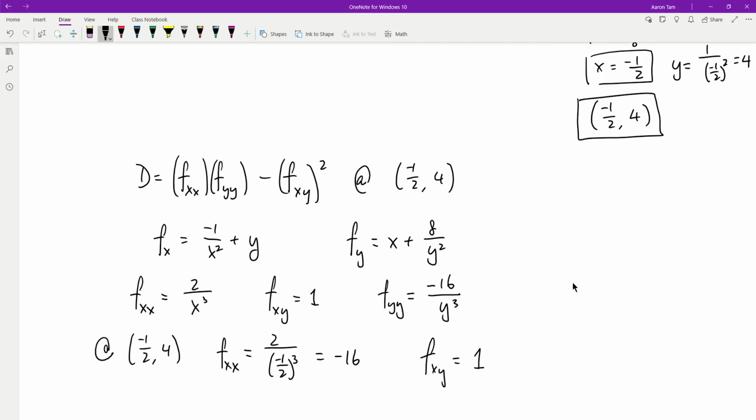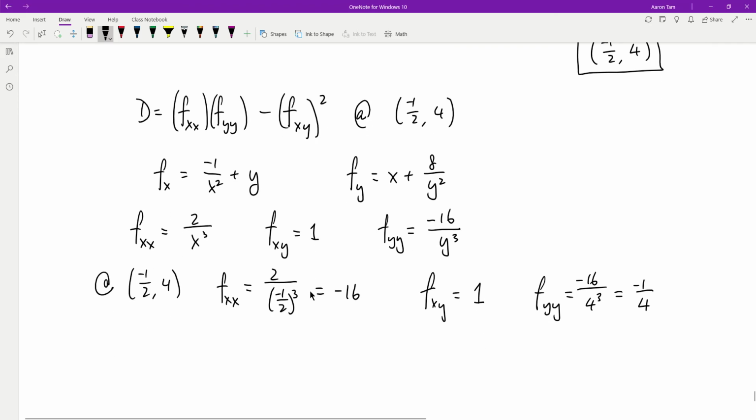And fyy equals negative 16 over 4 to the third, which comes out to be negative 1/4. Now I'm ready to evaluate D. D equals fxx, which is negative 16, times fyy, which is negative 1/4, minus 1 squared.